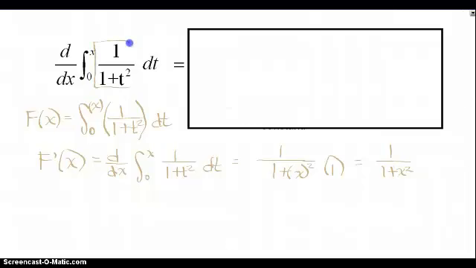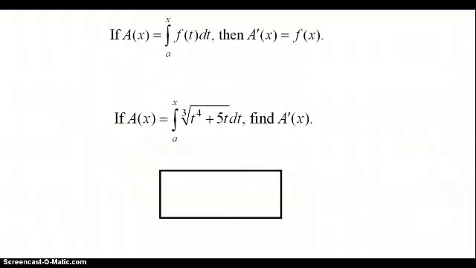Here's your function in t, and what I get is the same function, except everywhere this one has a t, this one has an x. And that is the function f, right? If we define this to be f of t, like we've done, it is the derivative function in x. So there's what fundamental theorem of calculus part 2 gives us.